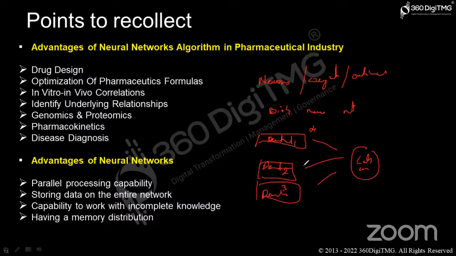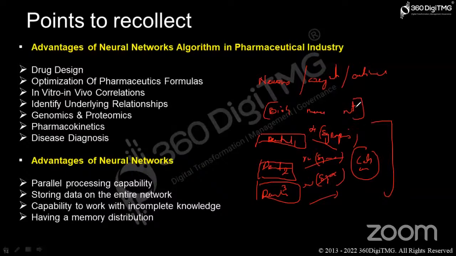When we give our inputs, they are given through synapses. Each input is passed through some synapses. This is the basic structure of our biological neural network, and we are trying to mimic this same structure.